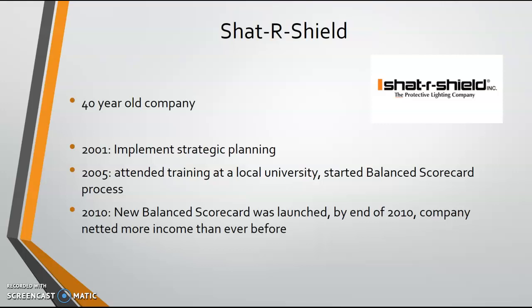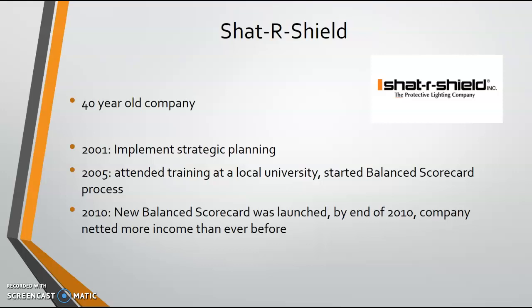So in 2005, she attended some training at a local university, and that's when she really started the balanced scorecard process. And on top of that training at the local university, she reached out to the Balanced Scorecard Institute and spoke with Gail Perry, who is the CEO of the Institute Way, which is a published book that goes over the balanced scorecard, some success stories, how it's implemented, and basically how to get started.